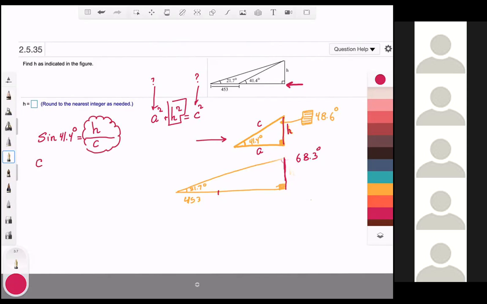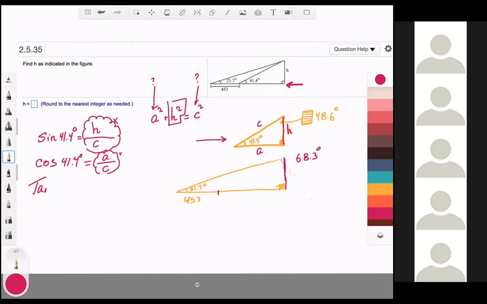If I do cosine of 41.4 degrees, I get A over C. Again, I have two unknowns, correct? So that's how we approach. There's no way I can just look at the question and come up with the solution. So this didn't work, this didn't work.